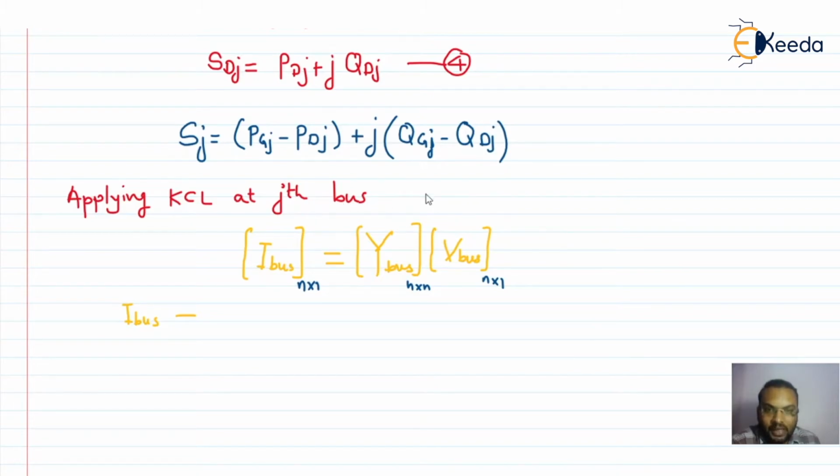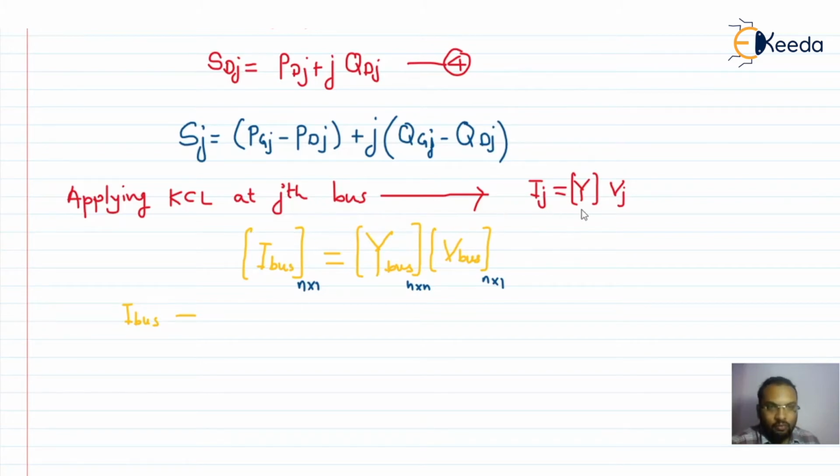For one particular jth bus, if I want to write this KCL, I'll get Ij, the net current entering this jth bus, equal to the admittance matrix and the voltage at that jth bus.